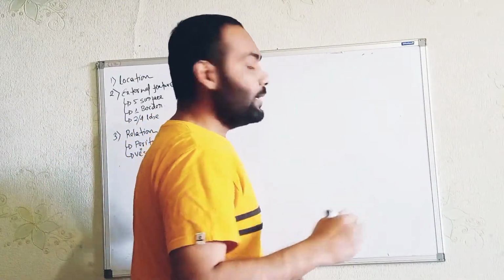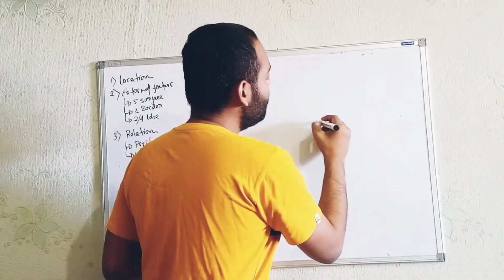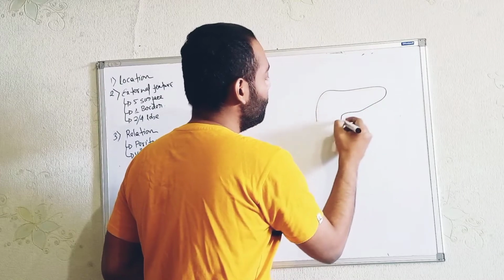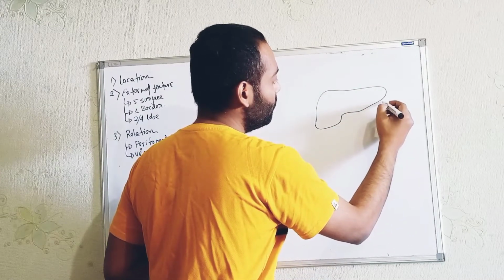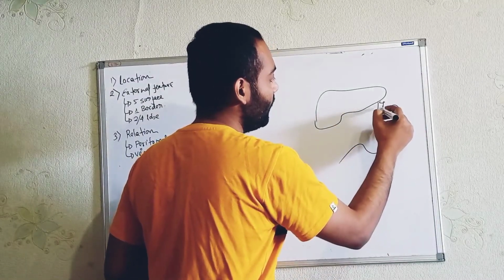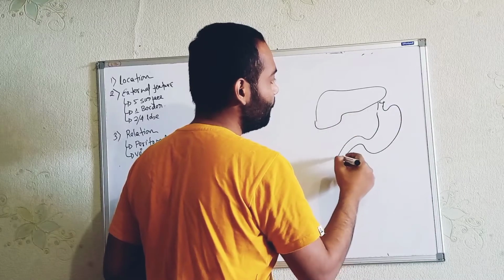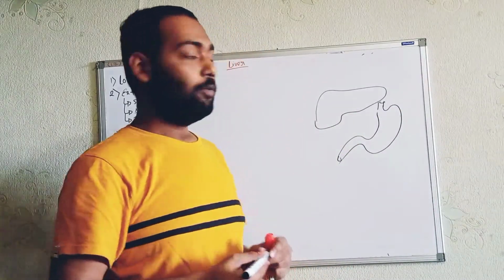Now, there is another thing we have to remember. This is the liver, this is the esophagus, and this is our stomach, this is the abdominal esophagus. Now when I talked about the balloons, this is the anterior surface.